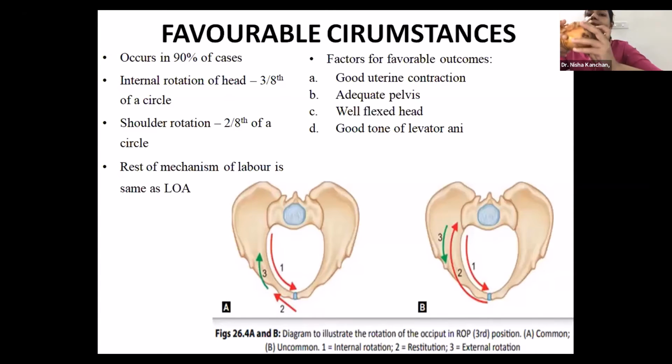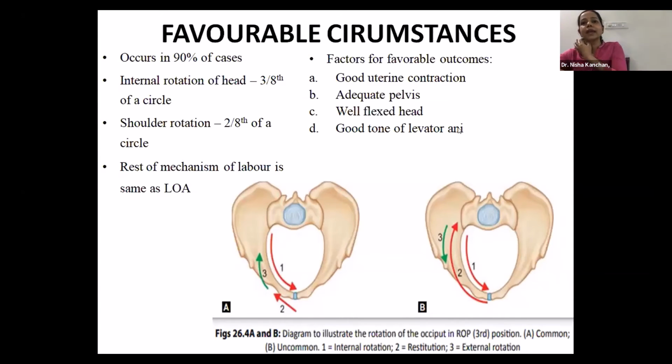The diameter is going to be suboccipitofrontal or occipitofrontal. Occipito-posterior position 1: one-eighth, shoulders rotate, so 2/8 of a circle the shoulders rotate. Everything else is the same as left occipito-anterior.